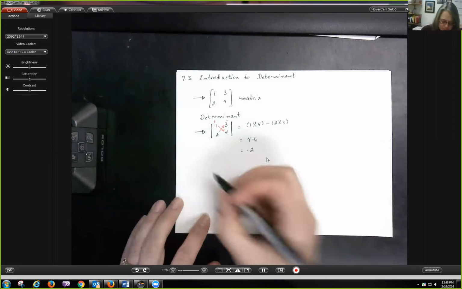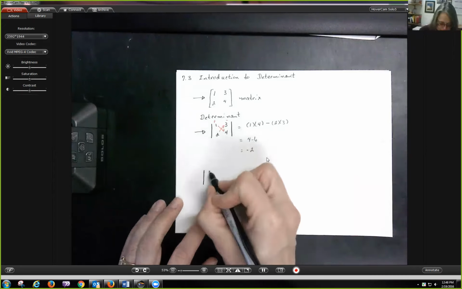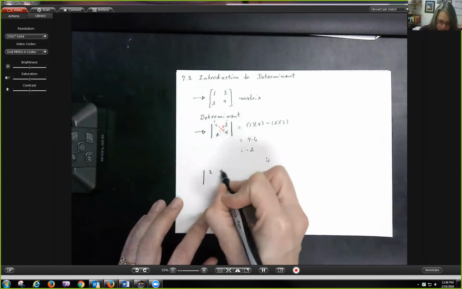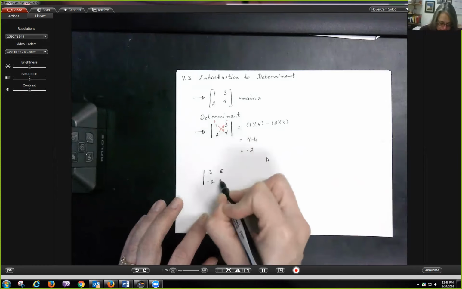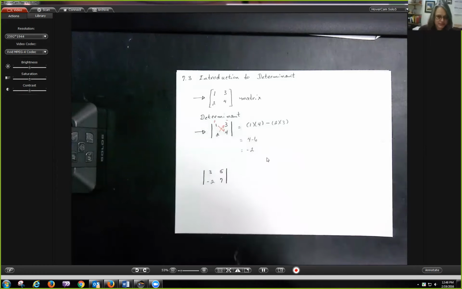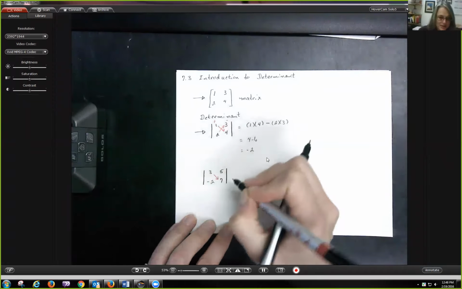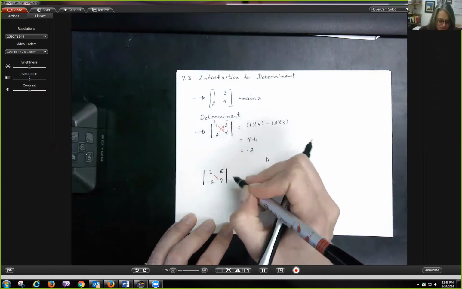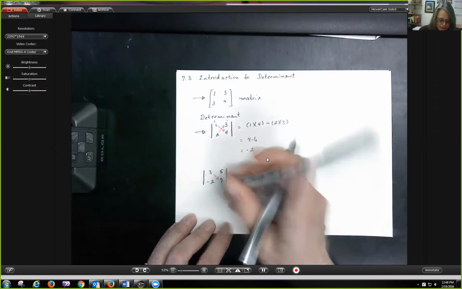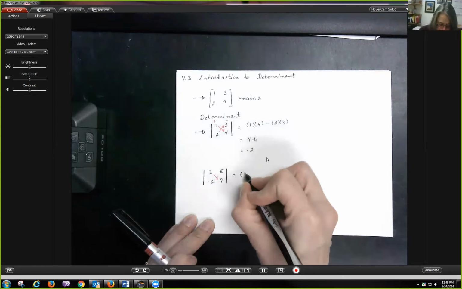So let's do another example here. Let's take the determinant of the matrix 3, 5, negative 2, 7. Now we're just going to do cross products. So we're going to multiply down the left-hand diagonal, from left to right, and that multiplication gets a positive sign.